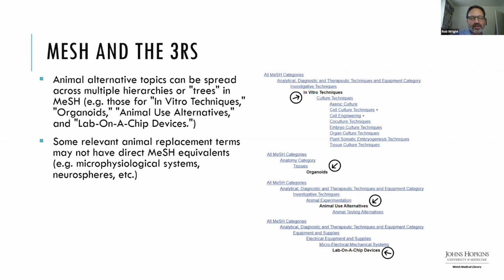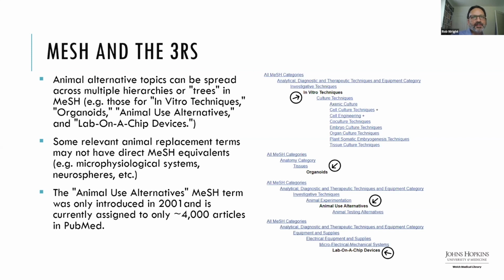Microphysiological systems fit under lab on a chip devices, and neurospheres, I think, maybe fit under one that's not listed here, which is cellular spheroids. So it can take some time to navigate through MeSH to find appropriate terms. But as I'll talk about a bit later, it's really worth it to do so.